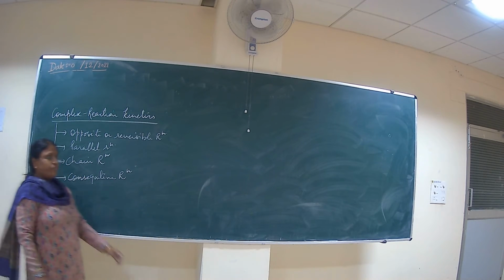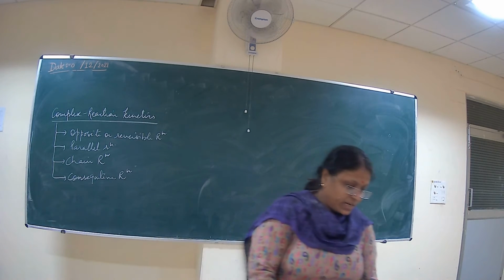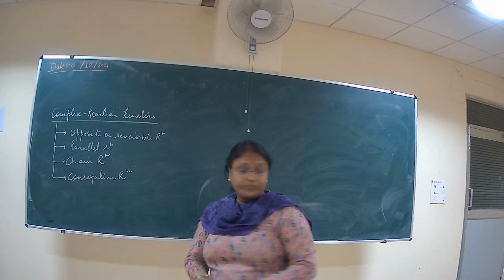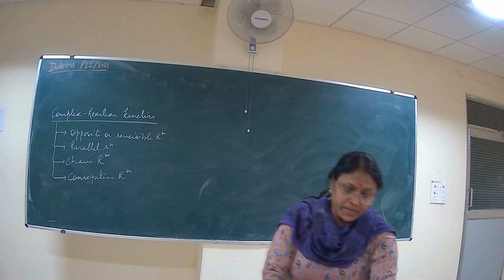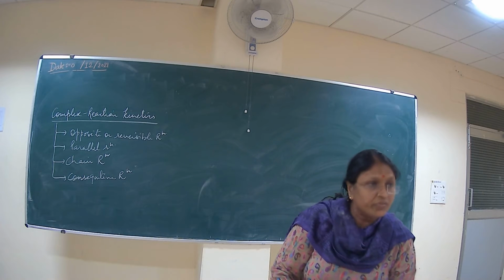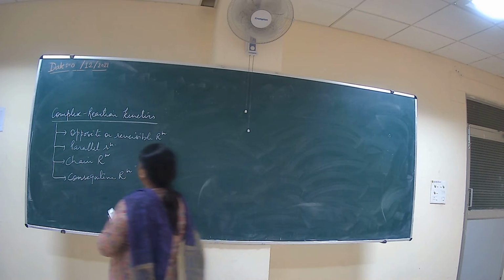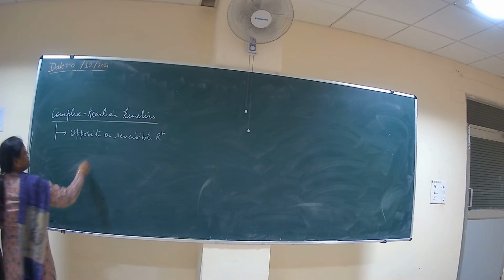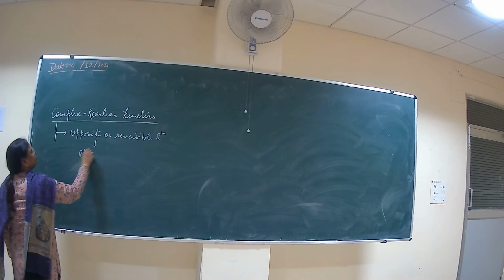Okay. So first we take the reversible reaction. Now complex or reversible reaction means the reaction which proceeds in both directions, in the forward direction as well as in the backward direction.